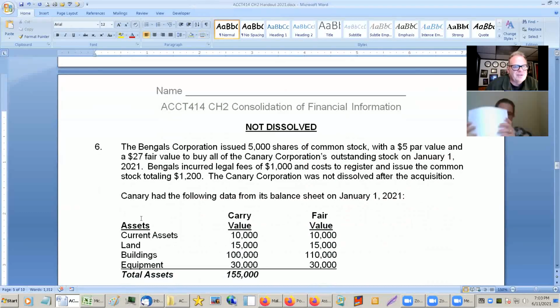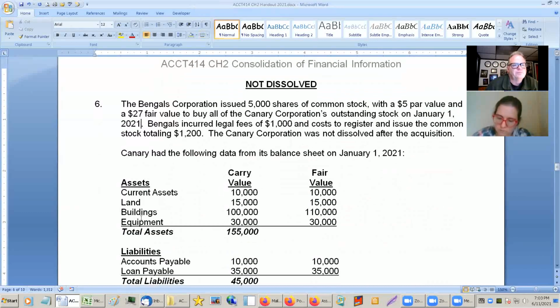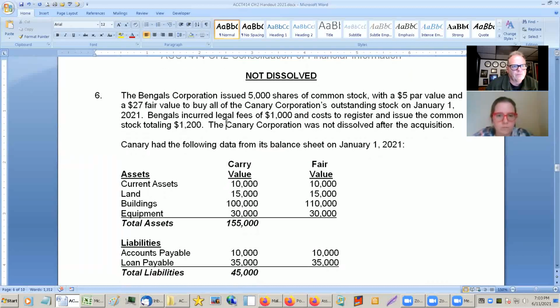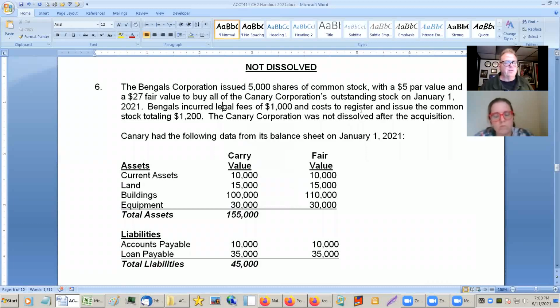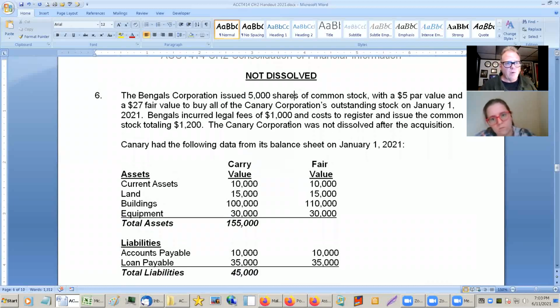Now, when the company is not dissolved, the question becomes, well, what do you do with it?